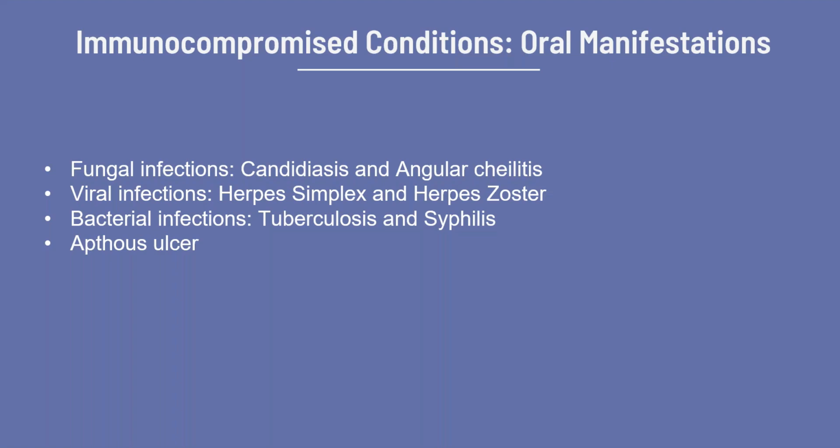While in the case of herpes zoster, the ulcers are only seen on one half of the oral cavity, either right or left, depending on which nerve dermatome of the oral nerve is affected. And the last oral manifestation is aphthous ulcer, which is caused by stress or the treatment of the immunocompromised condition.